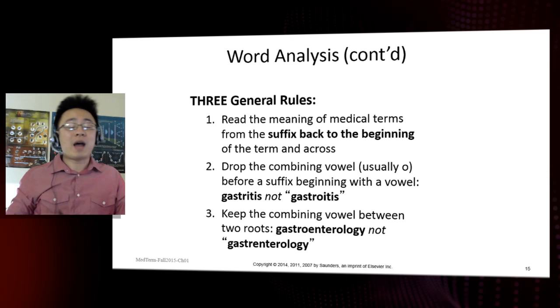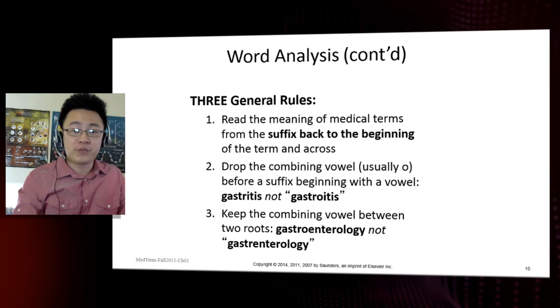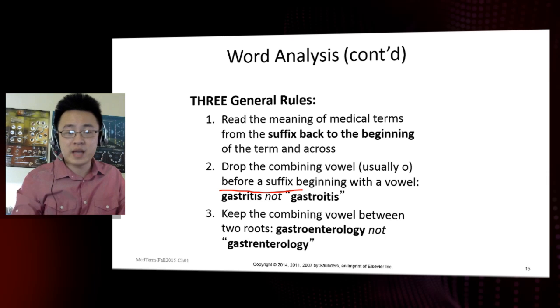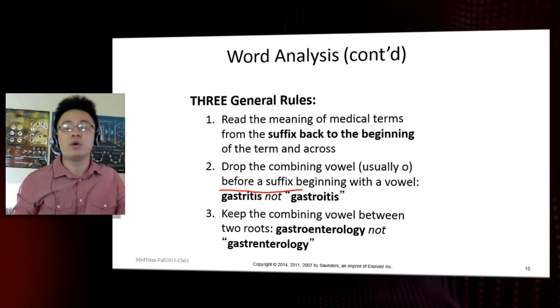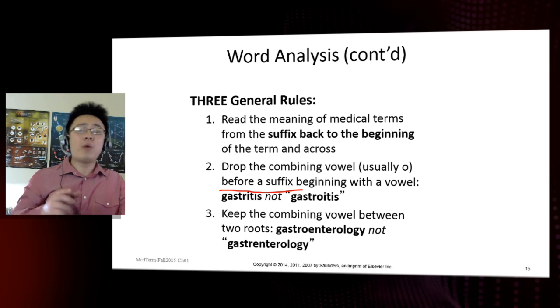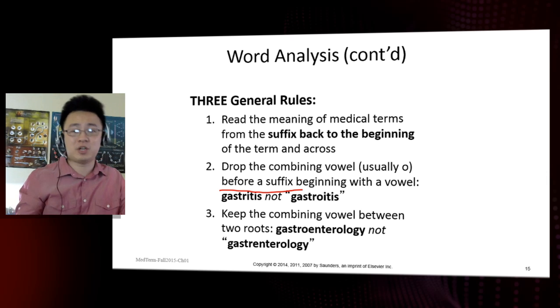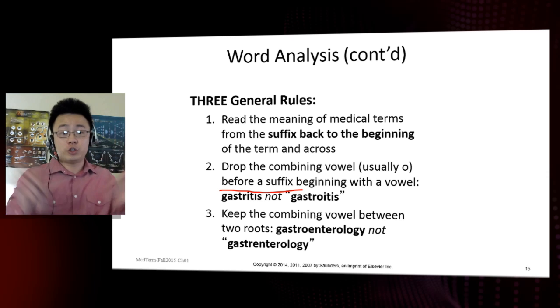Now, here's that rule. Remember, you drop the combining vowel, which is usually that O, before a suffix beginning with a vowel. So you say gastritis, not gastroitis. However, the third rule here is that you keep those combining vowels when it's between two roots.